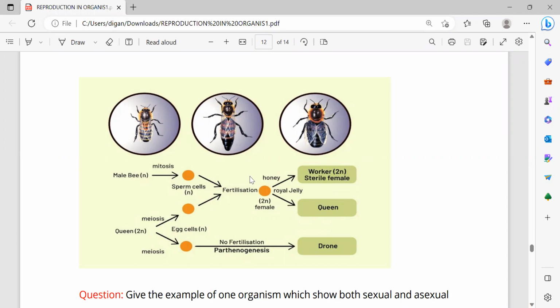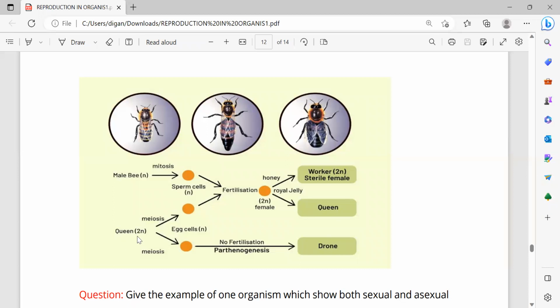Always remember that only the queen bee is fertile. All other female honeybees, which are named worker bees, are sterile, meaning they cannot produce eggs. The male bees, named drones, are also fertile.